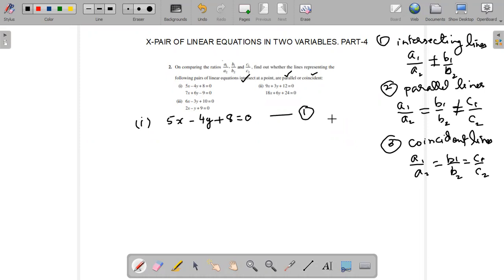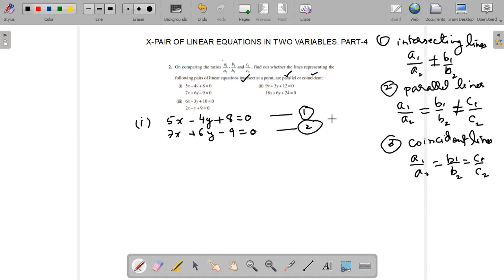This is equation number 1. 7x plus 6y minus 9 is equal to 0 is our equation number 2.